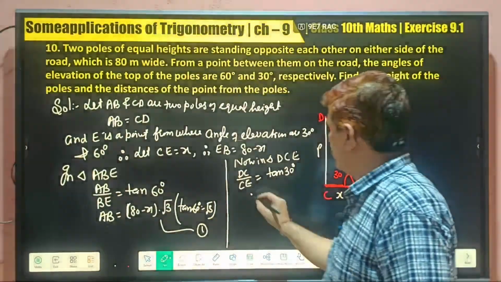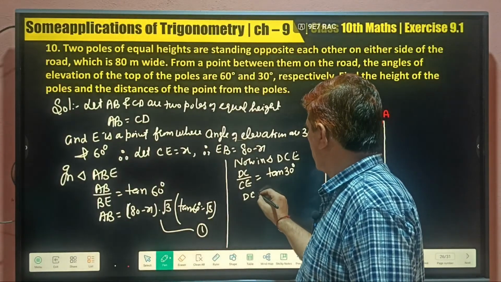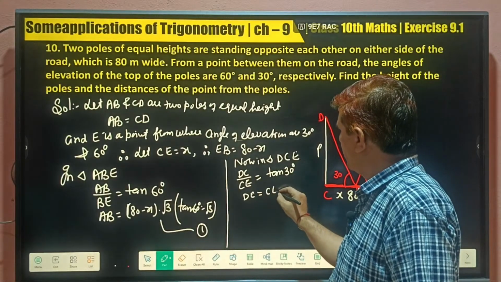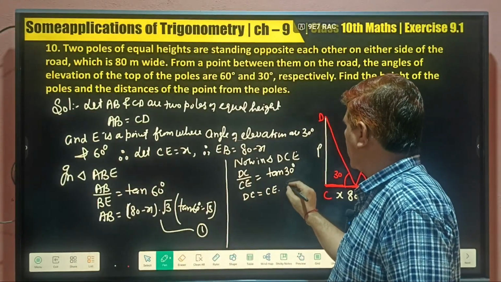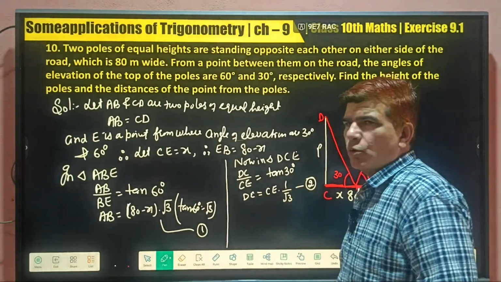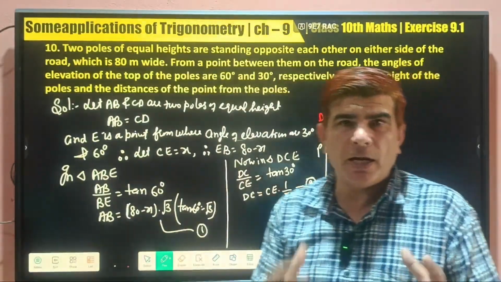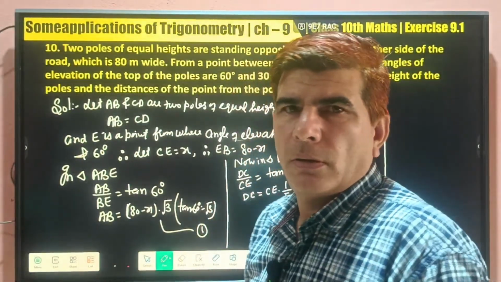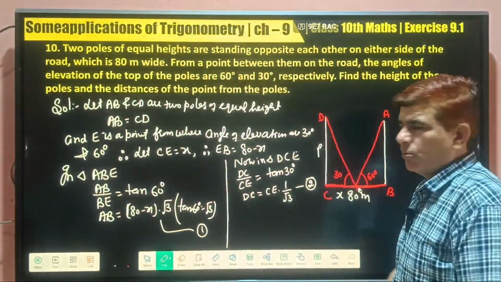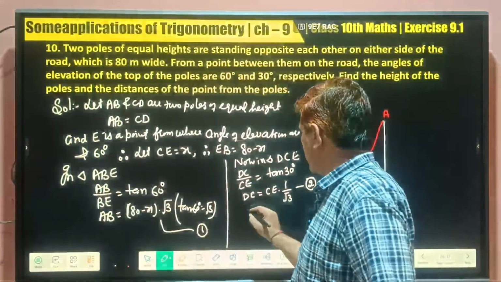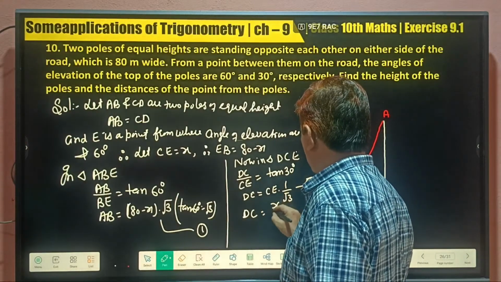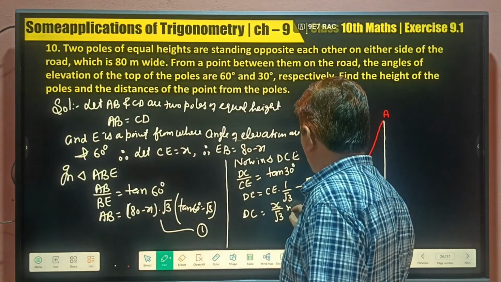So DC is equal to CE times tangent 30, which is 1 by root 3. You can check again and again. This type of problem keeps coming, no problem till here. So DC is X by root 3 meters.